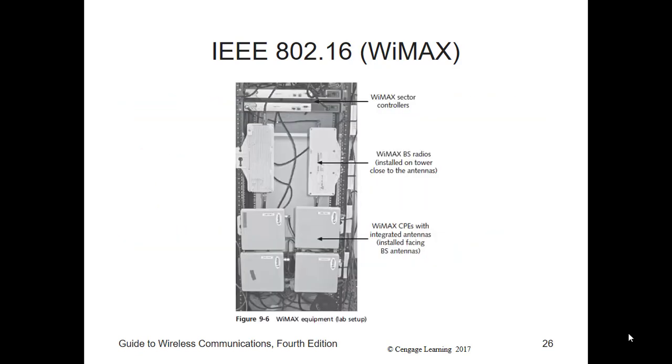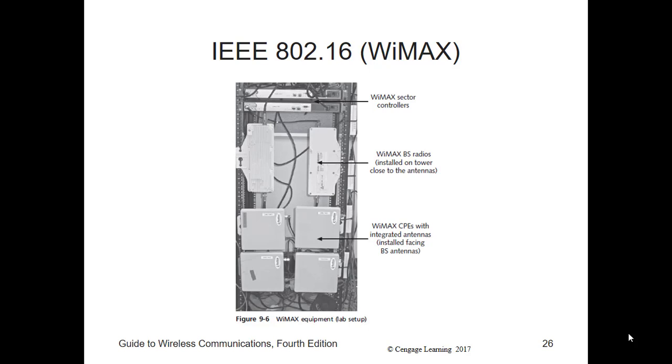Now, what you can see here is a WiMAX lab setup that includes 2 base station controllers on the top and 4 substations down at the bottom. Each 2 substations in the graphic are connected to one of the base stations that are in the middle and the vertical there.